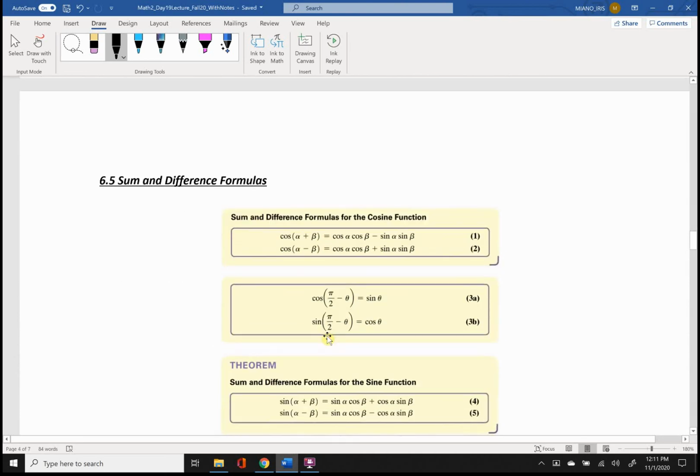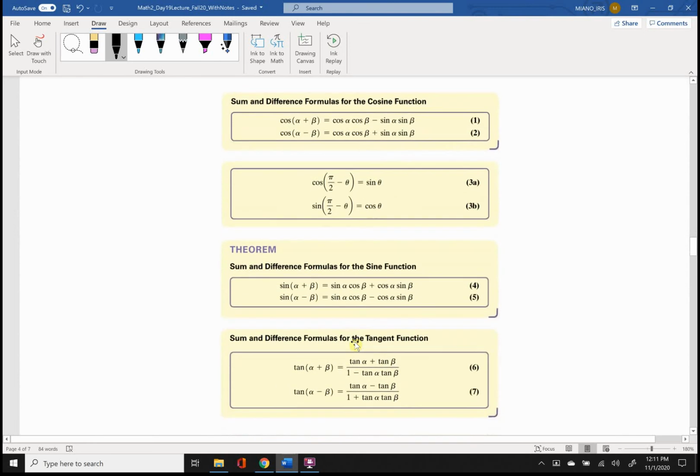Just let me know. Okay, so we're going to get now into the sum difference formulas. These are new for you, and you may have seen these sum difference formulas for the cosine and the sine and the tangent before, and you might have already established some chants or songs associated with them. I've scoured the YouTube videos to see what's already been put out there, because I don't really have one, to be honest.